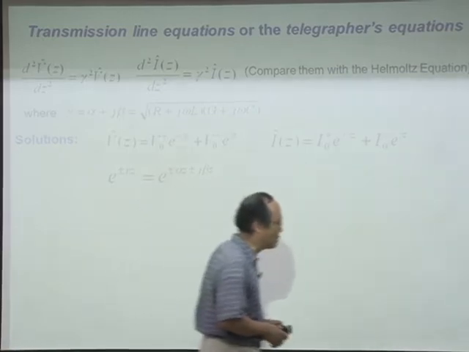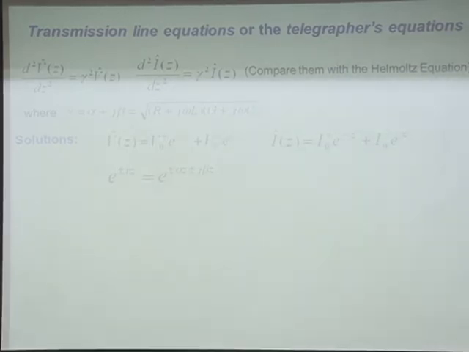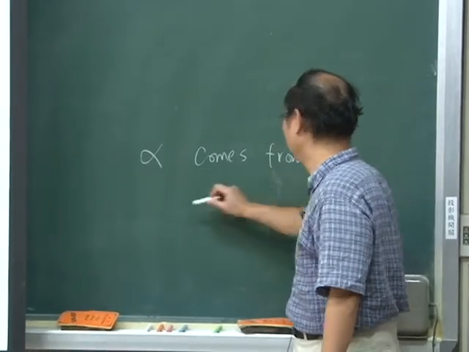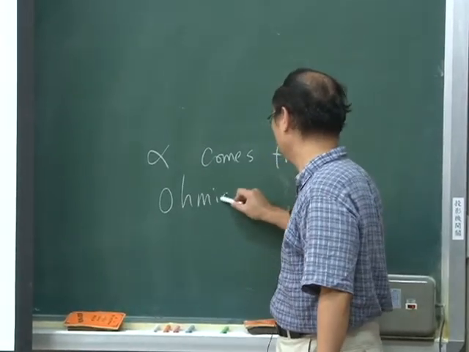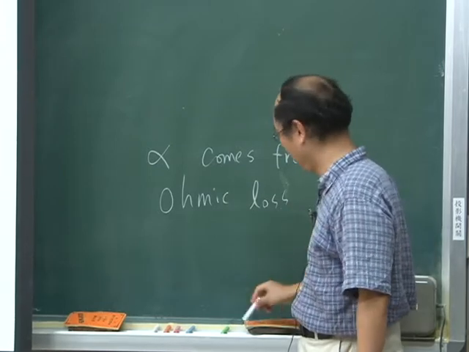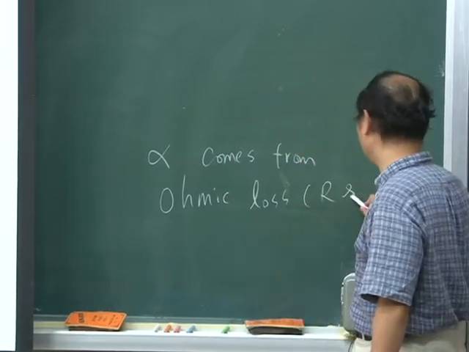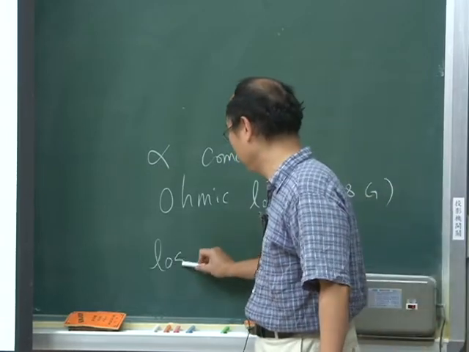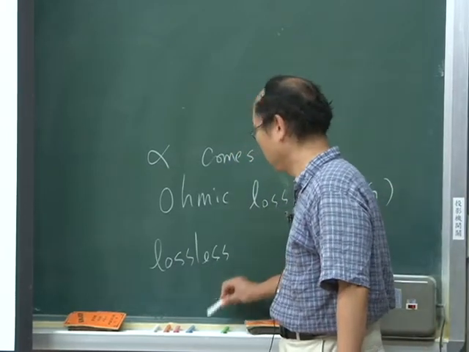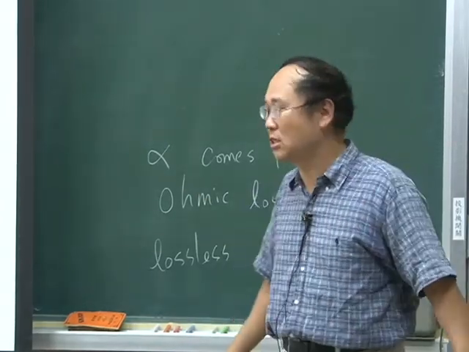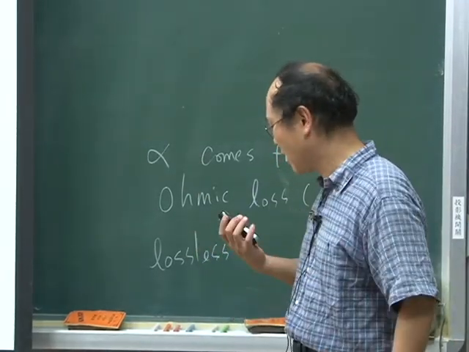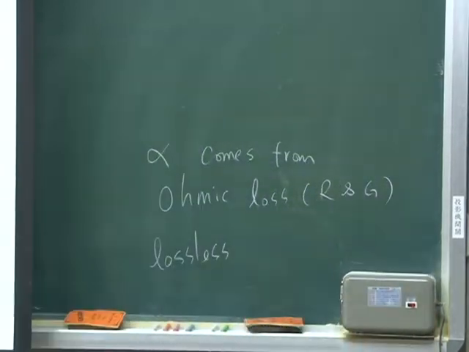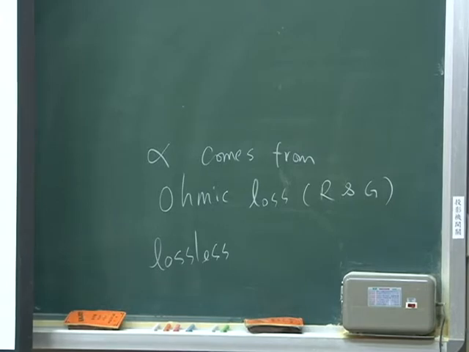Okay, this attenuation constant alpha comes from ohmic loss, R and G. So if you have a lossless line, 如果有一条线是没有 loss 的话呢，基本上 you don't have attenuation and therefore you don't have this alpha. Okay, so this is some concept you have to check.